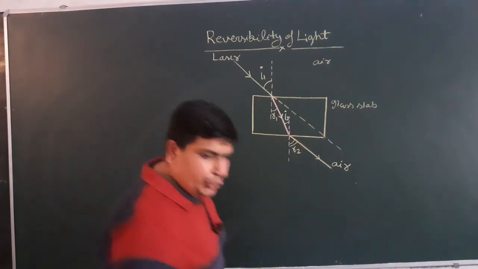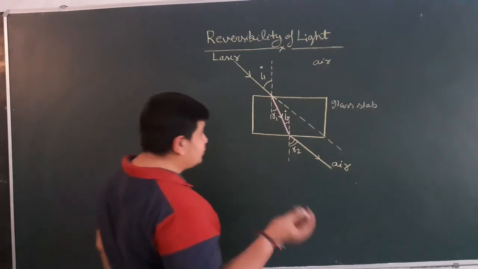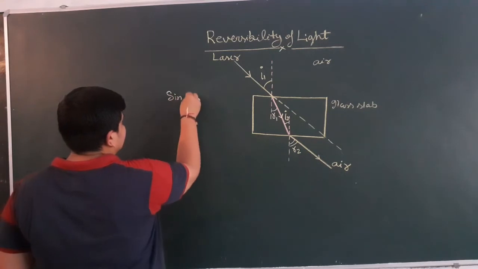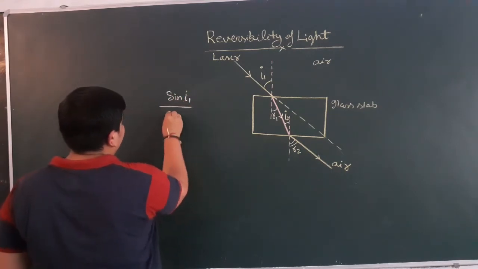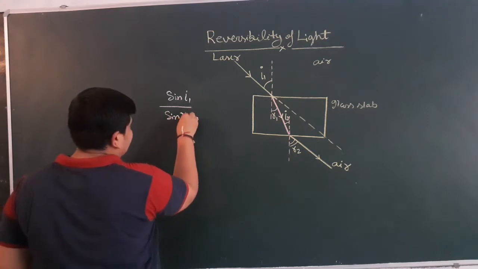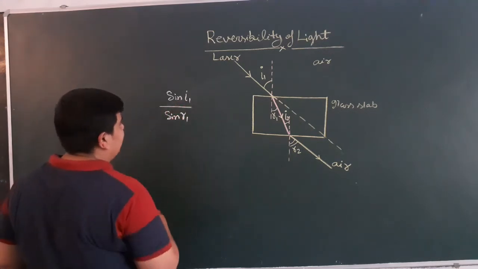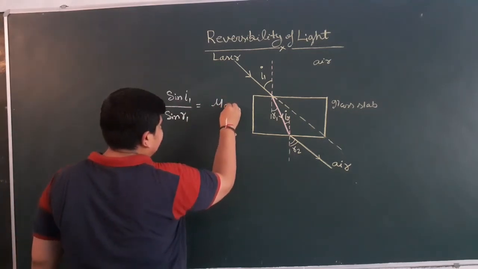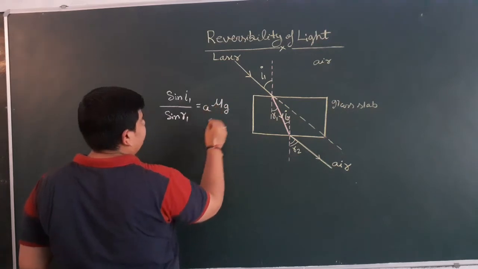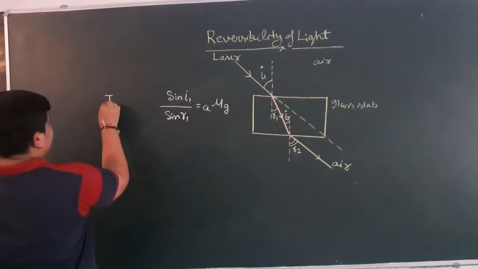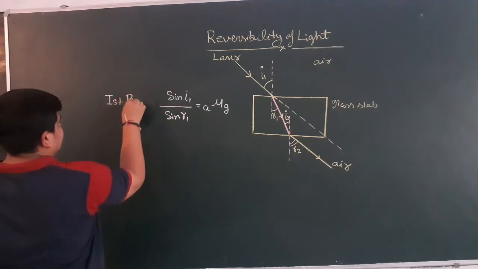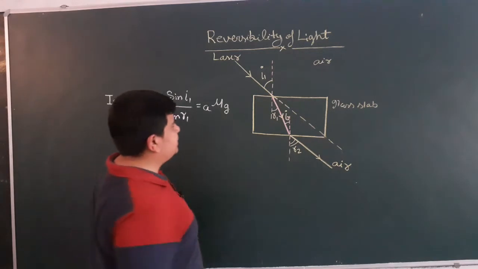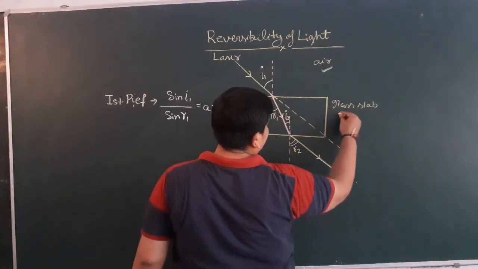Now let me show you. From Snell's law we know that the ratio of sine of the incident angle and sine of the refractive angle, that is sin I1 and sin R1, must be equal to the refractive index of glass medium with respect to air for the first refraction, because light is coming from air medium to glass medium.